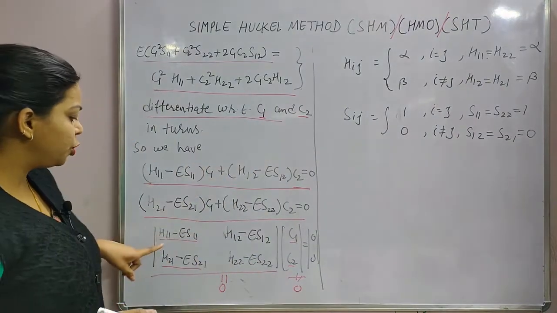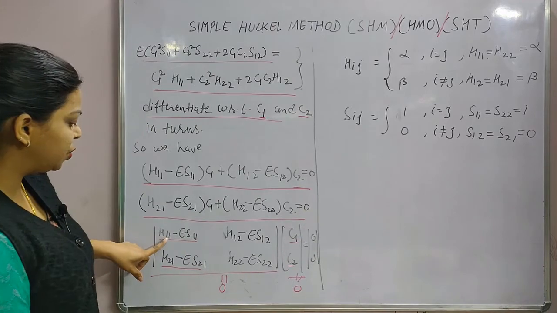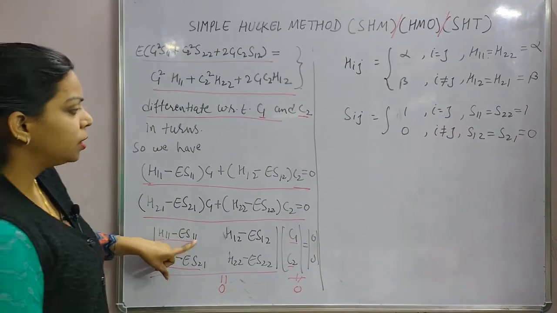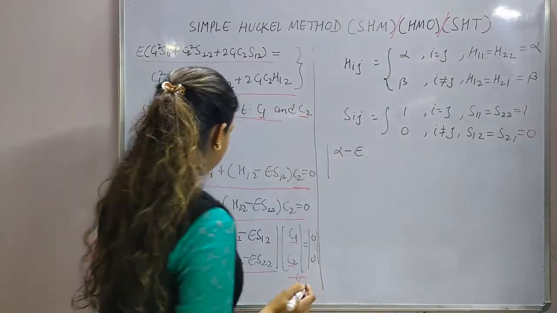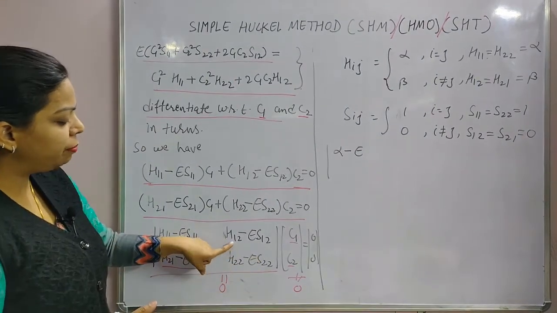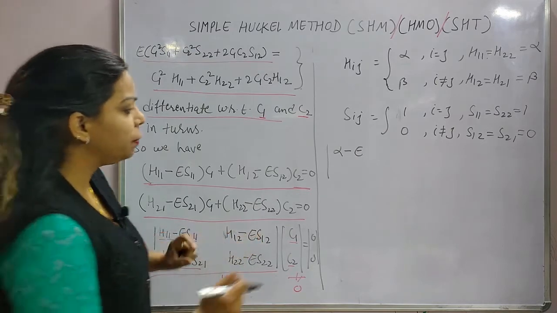So when I substitute those values over here and put this determinant equal to 0, I will have H11 equal to alpha minus E into 1. So I have alpha minus E for this term. Similarly over here I will have beta minus E into 0, which means only beta.